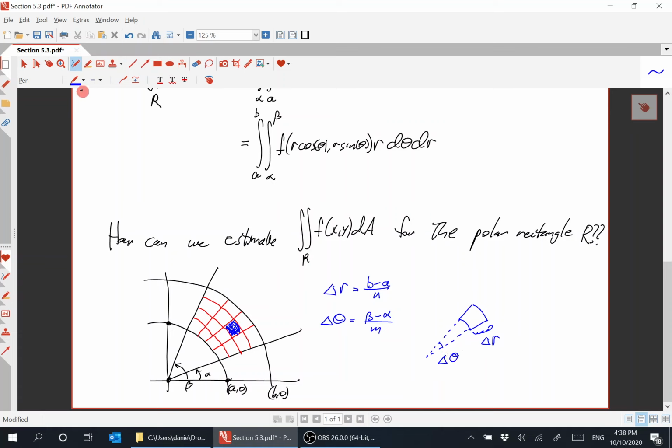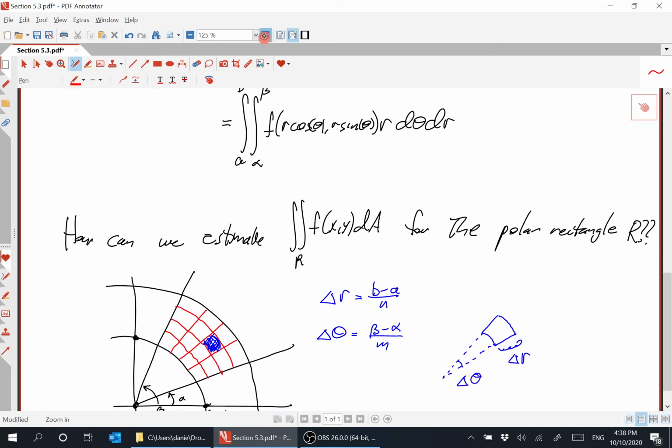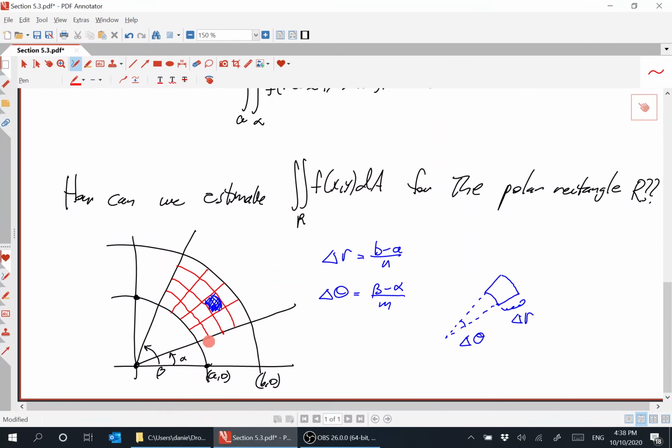Okay, and by the way, of course, we're going to label the various steps. This is going to be r1, r2, r3, and then b is going to be equal to r4. And then this is less important, but this is theta 1, theta 2, theta 3, and then beta is going to be equal to theta 4, theta m, or whatever it is. So now what is the area of this thing here?